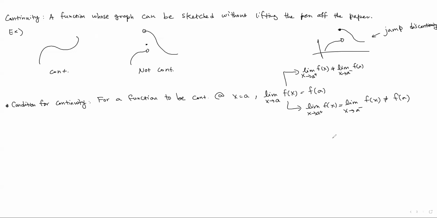Whereas what we're talking about here, you might possibly have a hole. Like from both sides of the function, as you're approaching that point a, you basically have the same limit, but you're not going to have the same value of the function, right? So both of those can create discontinuities in different ways.